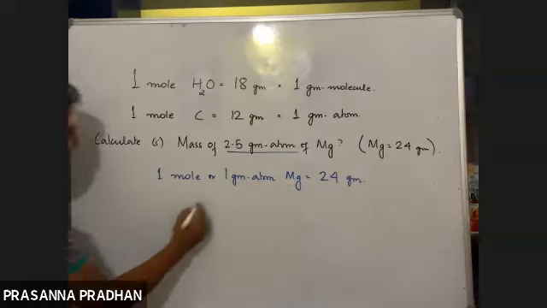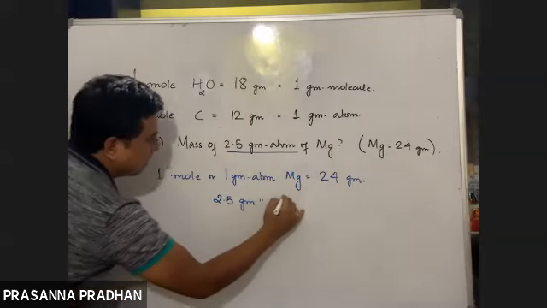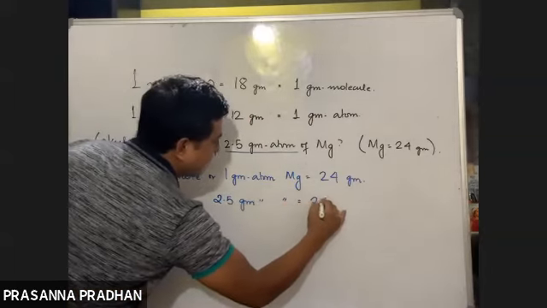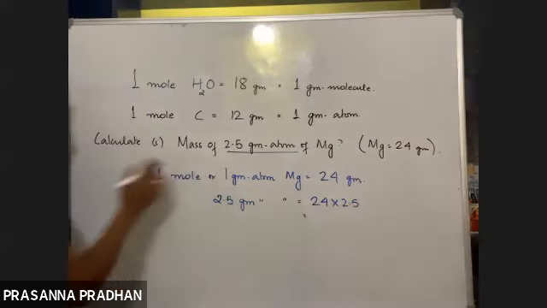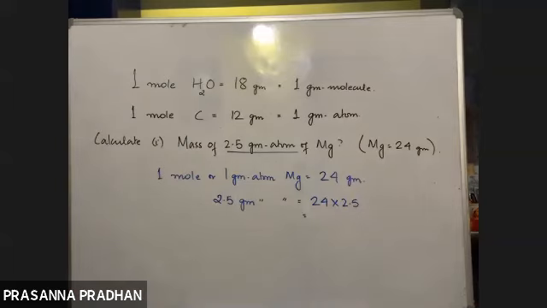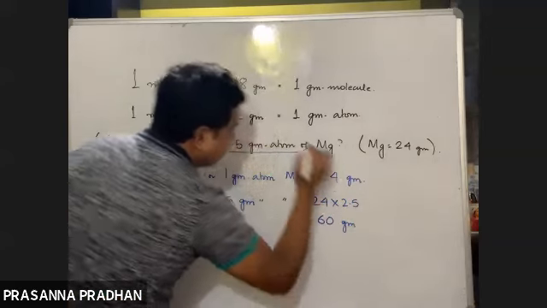So you are being asked 2.5 gram atom of magnesium is equal to 24 multiplied by 2.5. Simple. 1 gram atom is 24 gram of magnesium. So this will come out to be 60 gram.